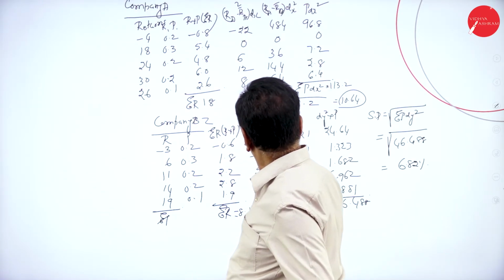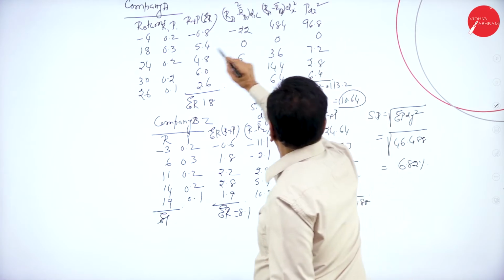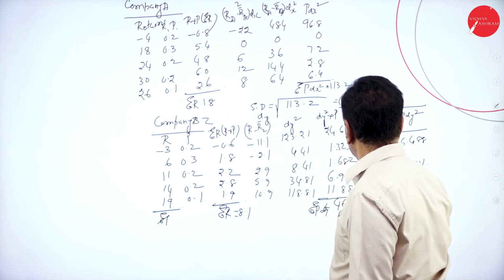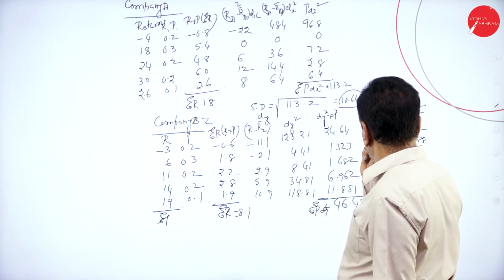Returns are there, PDX square is there, 96.6, 10.64.